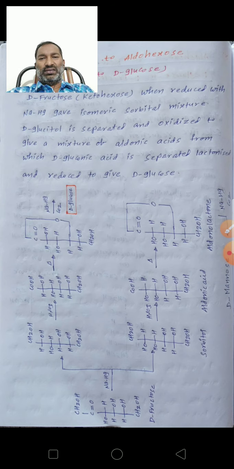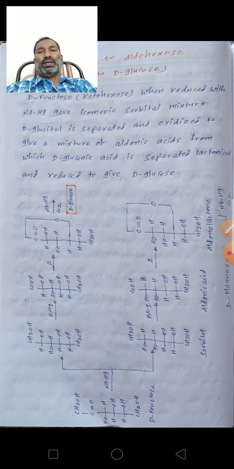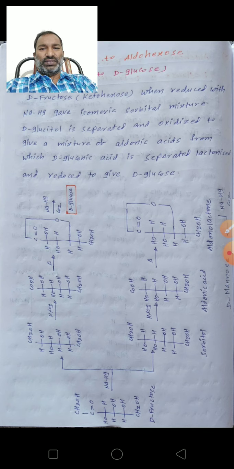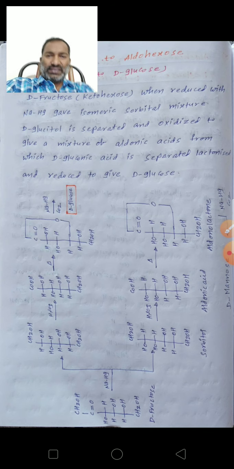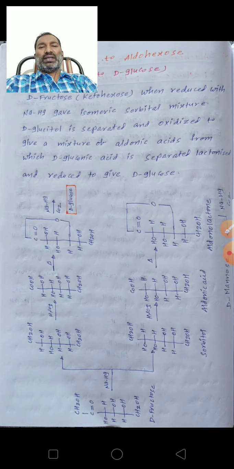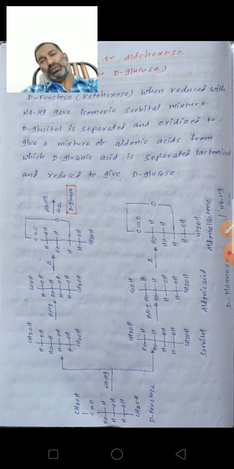See here, D-fructose, a ketohexose, when reduced with sodium amalgam gave an isomeric sorbitol mixture. In this mixture D-glucitol is separated and oxidized to give a mixture of aldonic acids, from which D-gluconic acid is separated, lactonized and reduced to give D-glucose.